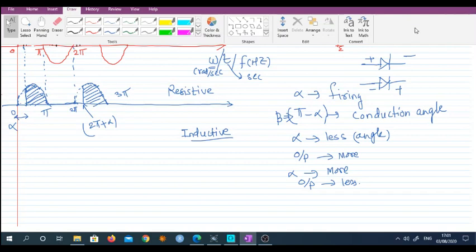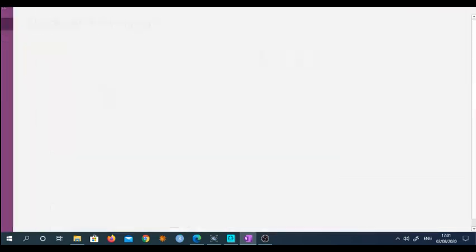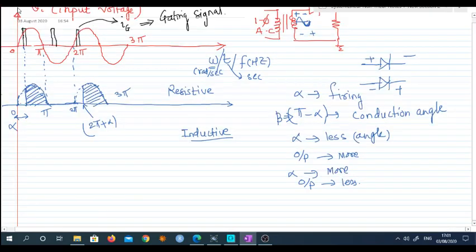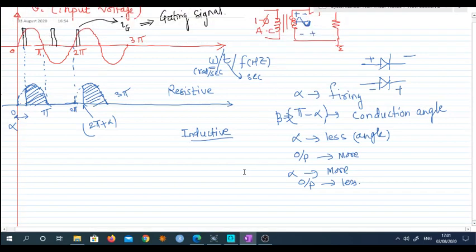Okay, I will just explain here itself. If my load becomes inductive, instead of resistive.